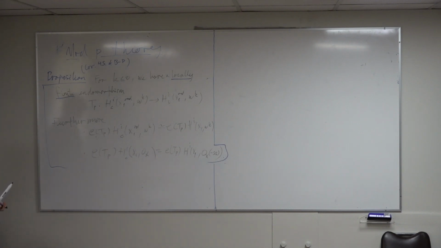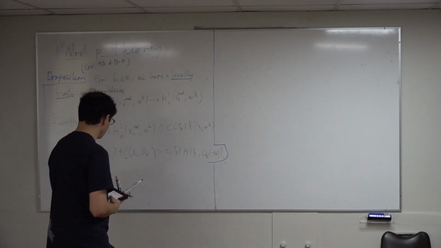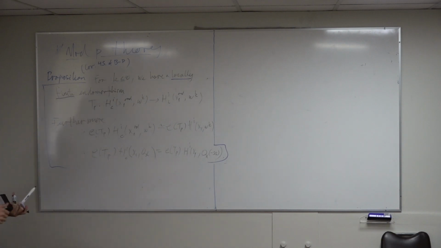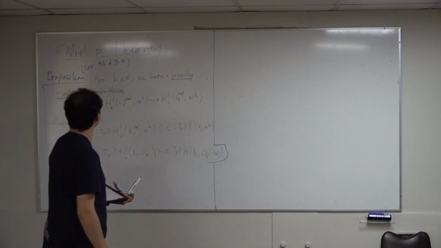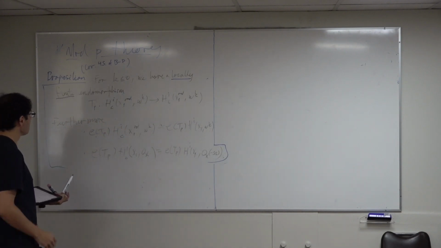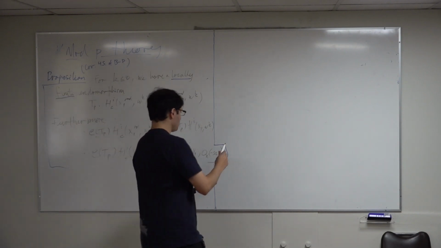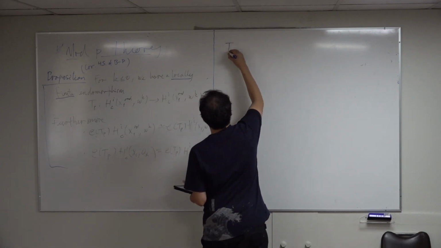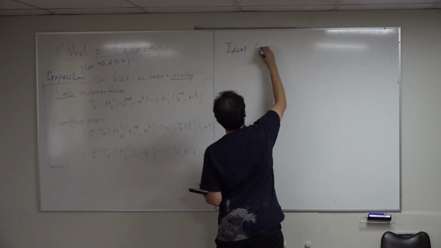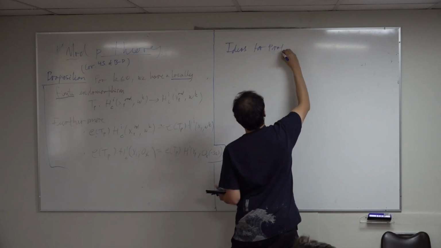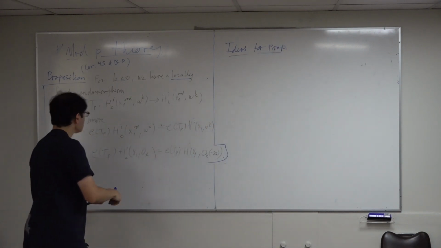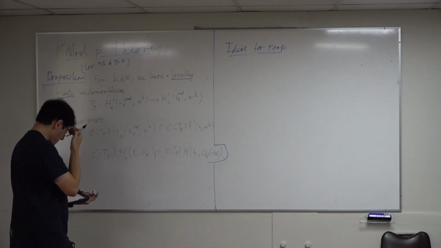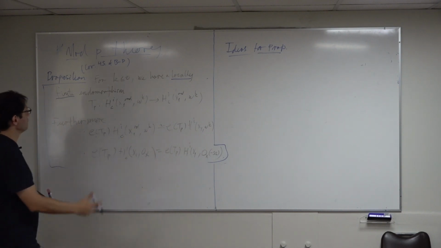Let me just give you some ideas of how to prove this, as they will be used later. It's a key result. So, ideas for the proposition. What do we have to do?